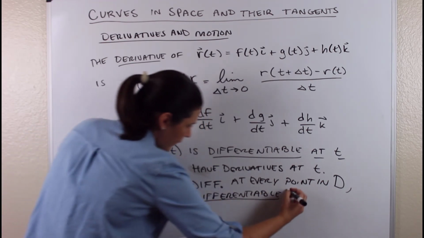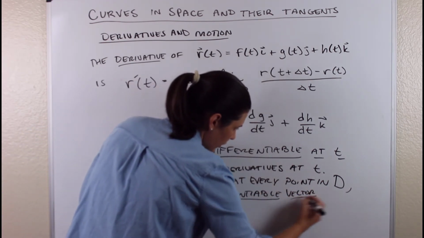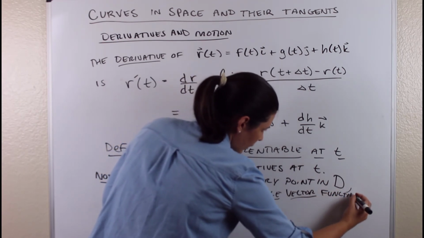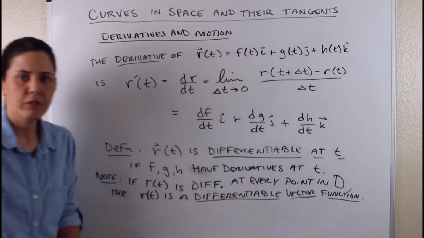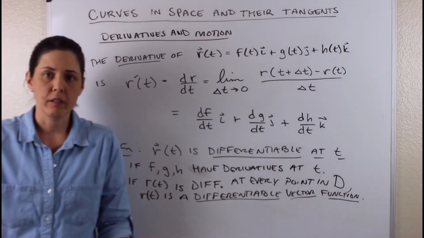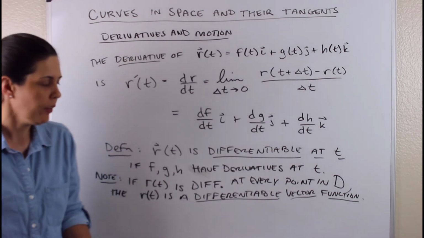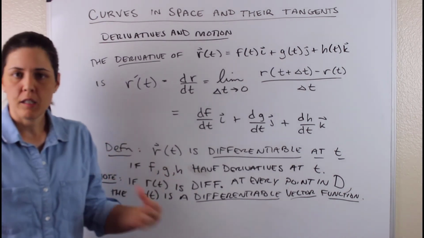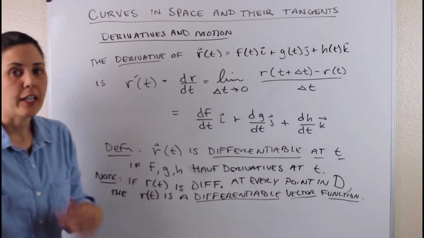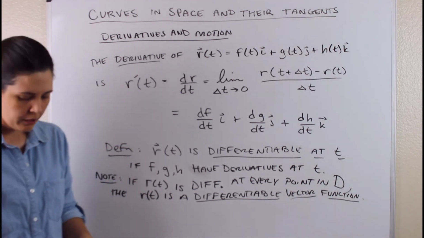I'm hoping that this stuff is sounding familiar if you remember what you learned in single variable calculus, Calculus 1. Same exact concepts, it's just now the function is a vector function. The output is a vector.